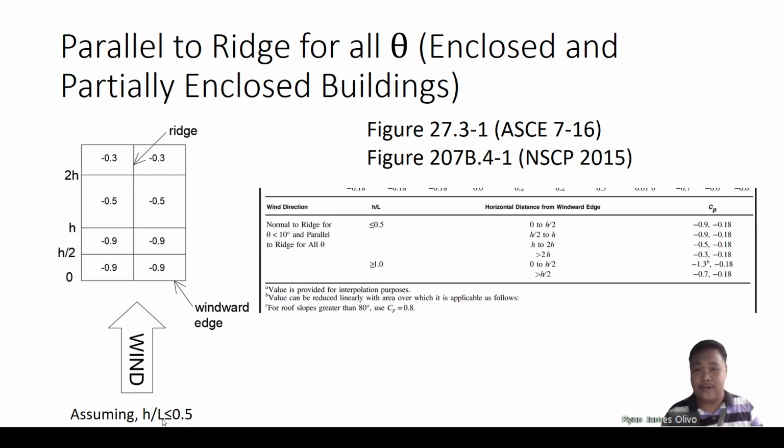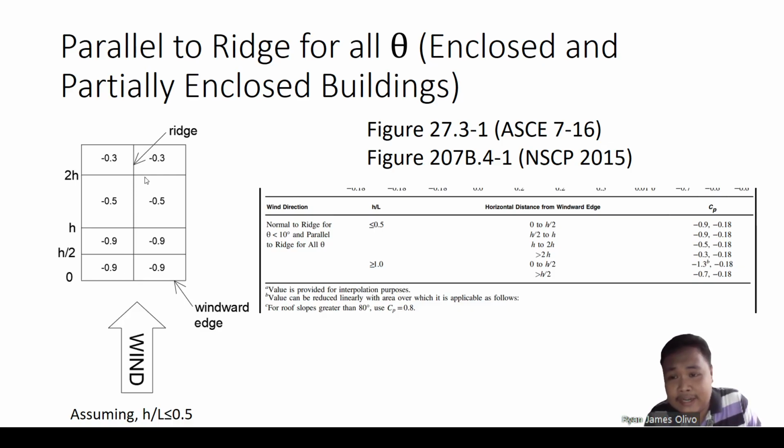So assuming H over L greater than 0.5, as you can see here, our CP is larger compared to CP at the end. For both sides of the roof, we still have a windward edge and a leeward edge. But for these two sections, it's the same, 0.9, 0.9.